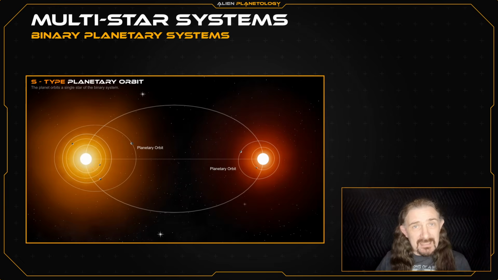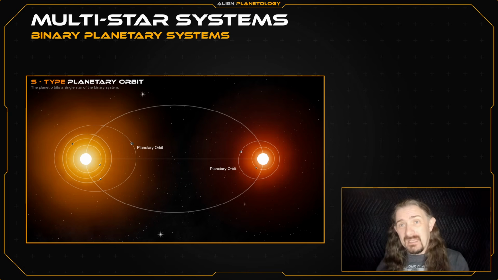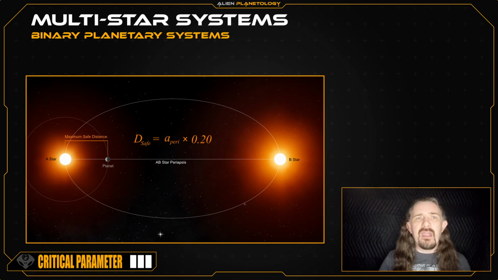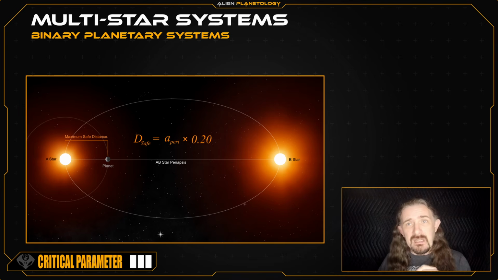With a planet in an S-type orbit around just one of the 2 stars in a binary pair, the main concern is how close the second star comes to that planet's orbit. If the second star's periapsis is too close to the planet's orbit, then that orbit can become unstable. The safe range for planetary orbits is anything less than approximately 20% of the star's periapsis distance.